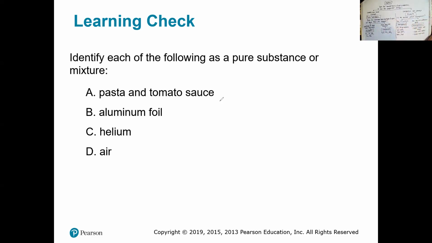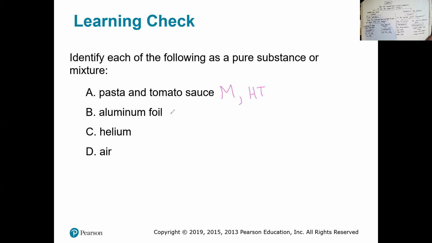You can make pasta and tomato sauce with a lot of different combinations. So this is going to be a mixture. Draw M there for mixture. And then specifically, if we were trying to figure out if it was homogeneous or heterogeneous, this would be a heterogeneous mixture. I'm going to write with my mouse. So I'm going to write HT for the heterogeneous mixture.